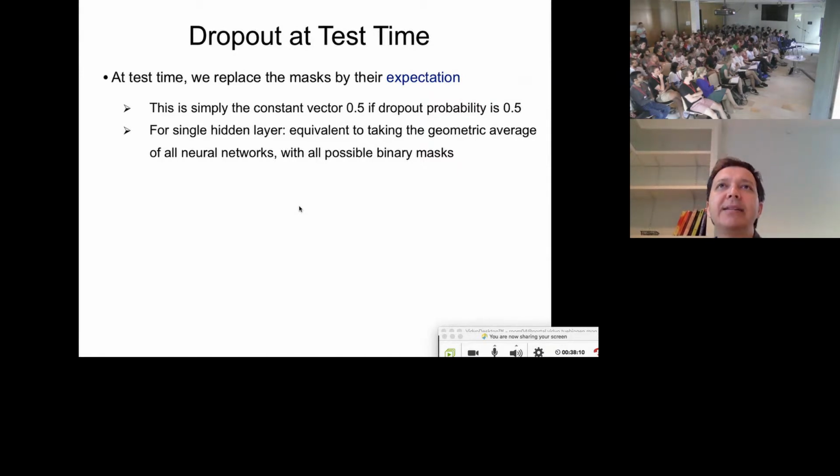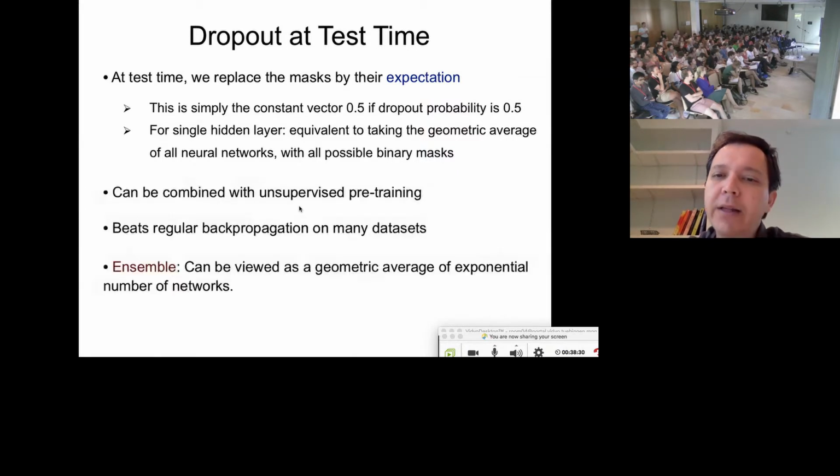So the way to think about this is that you have an exponential number of networks, and you're trying to train all of them. They all share parameters, and at the end of the day, you're just taking the geometric average of this exponential ensemble. That's one justification. There's been a lot of recent work analyzing dropout from a Bayesian viewpoint, and under certain conditions, people have shown what dropout is doing.